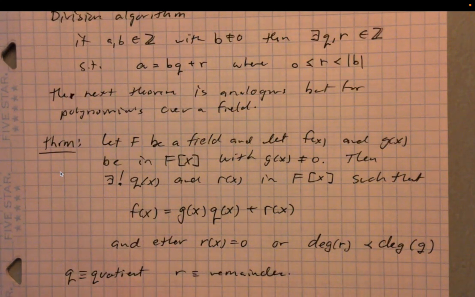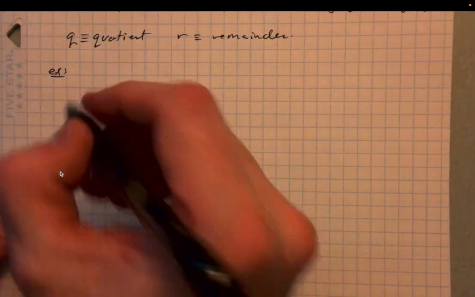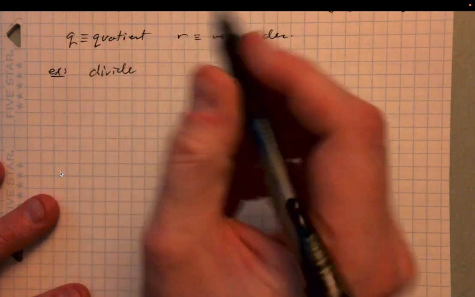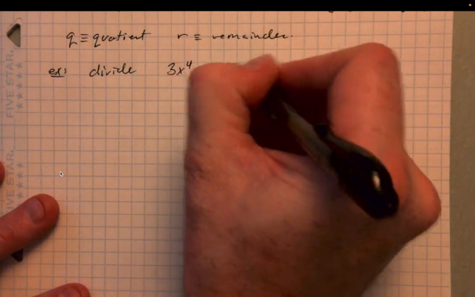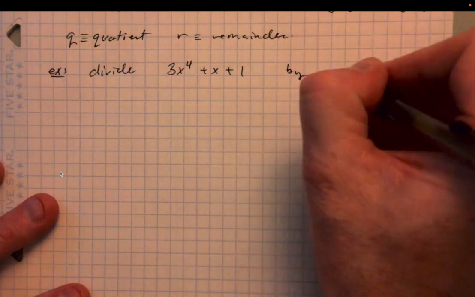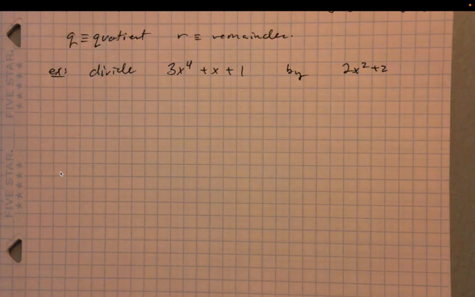But let's see an example, and we've certainly seen this before. Let's divide 3x to the fourth plus x plus 1 by 2x squared plus 2. Okay, so what would we do here?